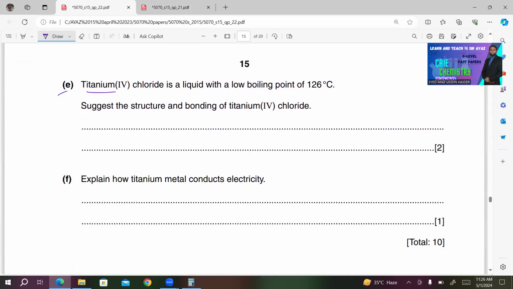E. Titanium 4 chloride is a liquid with a low boiling point of 126 degrees centigrade. Suggest the structure and bonding of titanium 4 chloride. So it must be a simple molecule because of this low boiling point, and bonding is covalent.